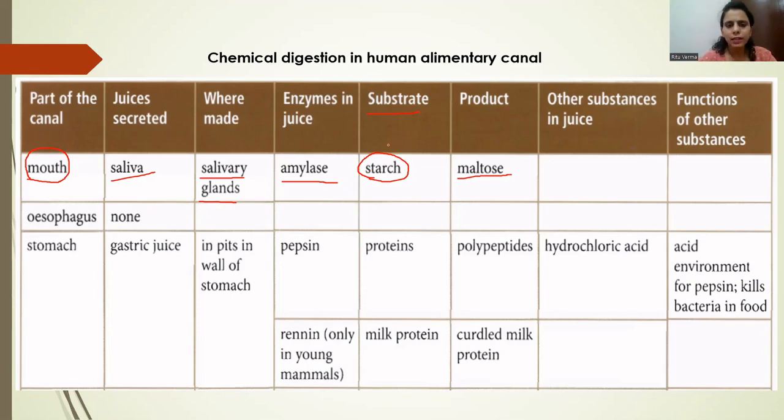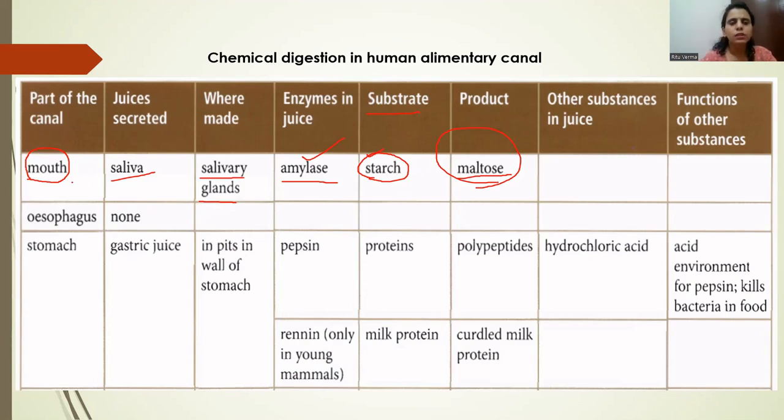So amylase is a type of carbohydrase because it helps in digestion of a polysaccharide, starch, and starch gets digested into maltose. Remember, maltose is not the simplest form of carbohydrate, it is a disaccharide. So maltose is still required to undergo digestion by other enzymes.